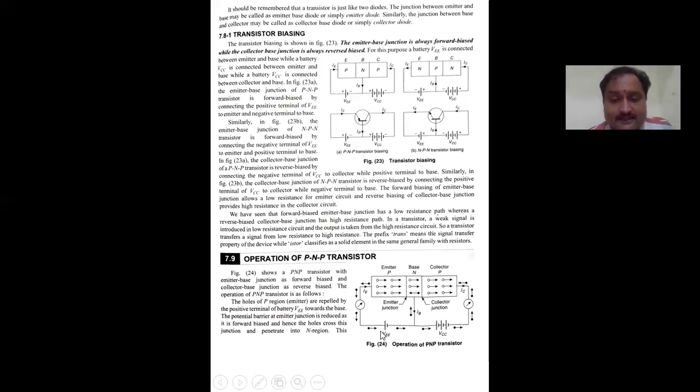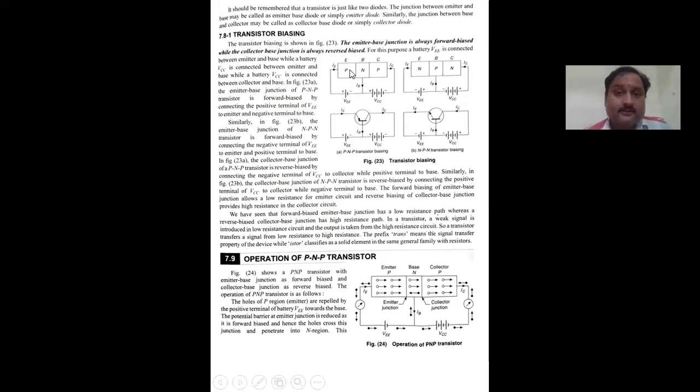When the voltage increases continuously after the breakover voltage, the depletion layer breaks. The emitter base junction is also the same, and the collector base junction is also the same.